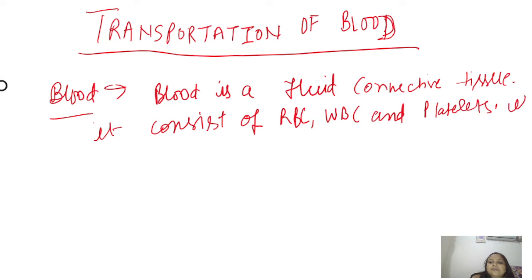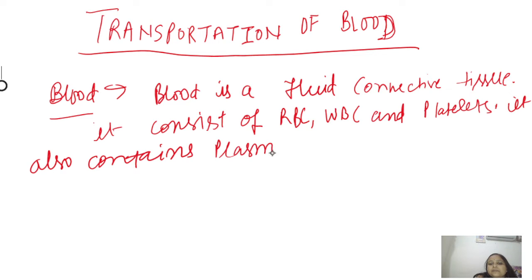It also contains plasma. Okay, so blood is a fluid connective tissue. It consists of RBC, WBC, platelets, and plasma.